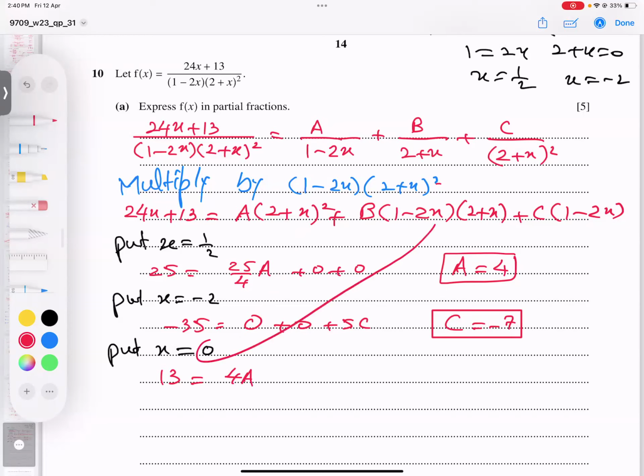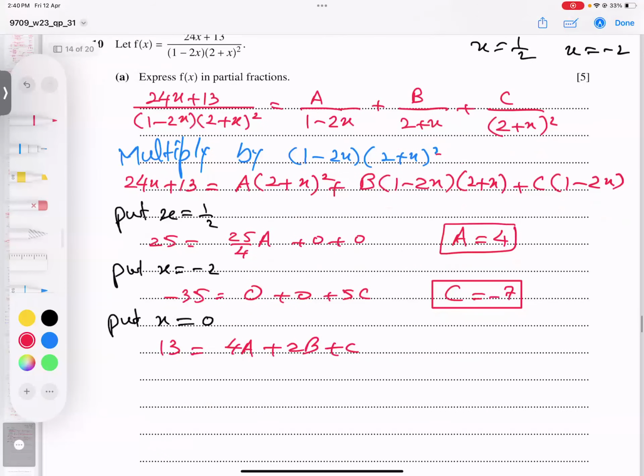And when I plug in 0 here and 0 here, 2 times 1 is 2, so 2b. When I plug in 0 here, I get c only. Now I will plug in all the numbers one by one. So 13 is equal to 4, and this 4 comes here. 4 fours are 16. First of all, I just show the values.